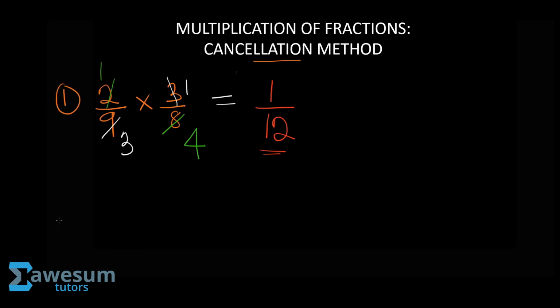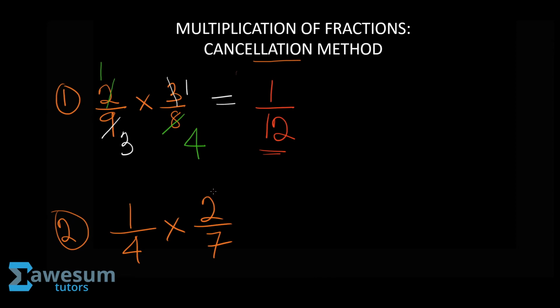Okay, let's take a look at another example right here. 1 over 4 times 2 over 7. We want to look for a common factor of the numerator and denominator. 2 can divide 2. It can also divide 4.